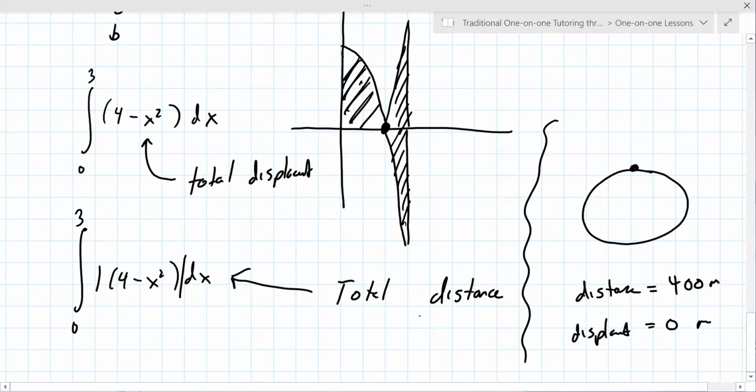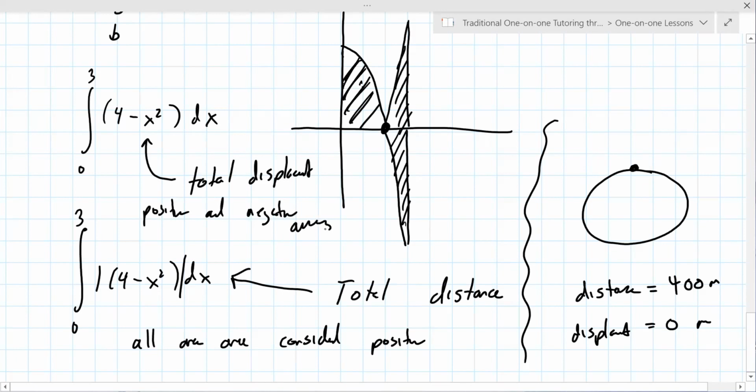So if you want the total distance of something, all areas are considered positive. And for total displacement, you have positive and negative areas. Okay. Got it.